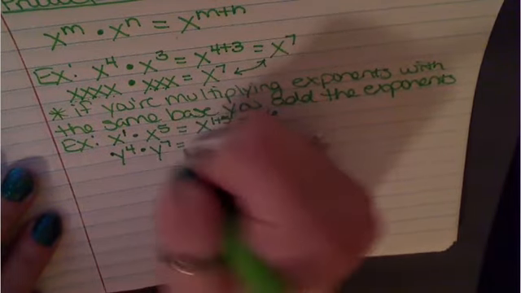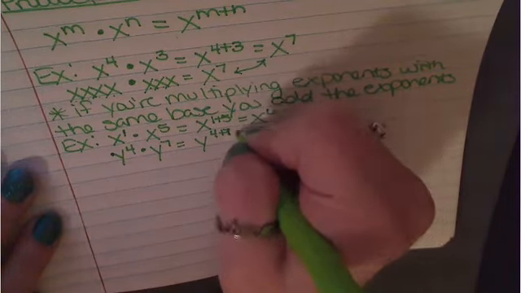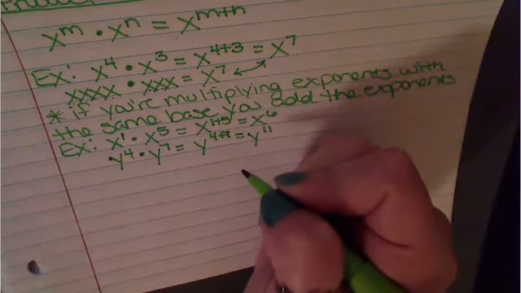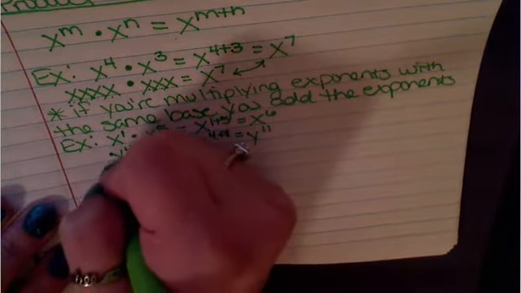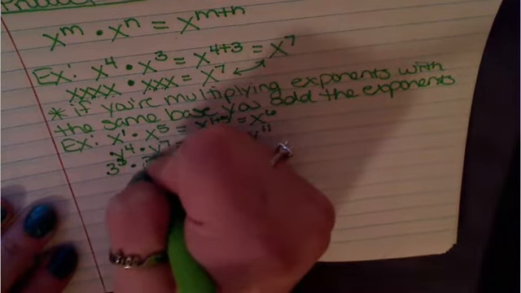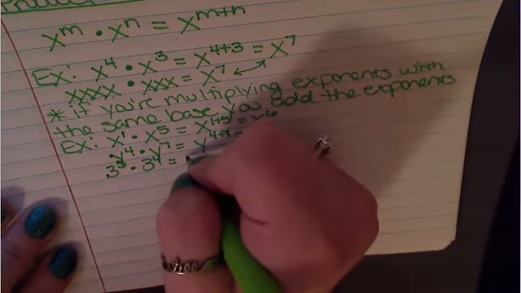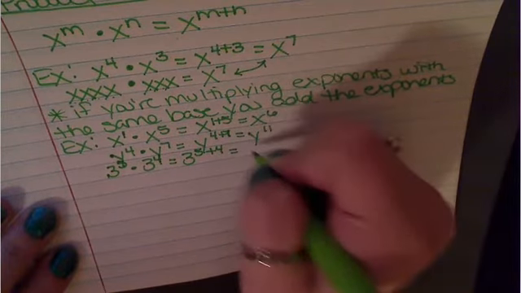Take y to the fourth plus 7, which equals y to the 11th. Last one, we have 3 to the 5th times 3 to the 4th. Even if it's numbers, you can still leave it in exponential form. So it's 3 to the 5th plus 4 equals 3 to the 9th.